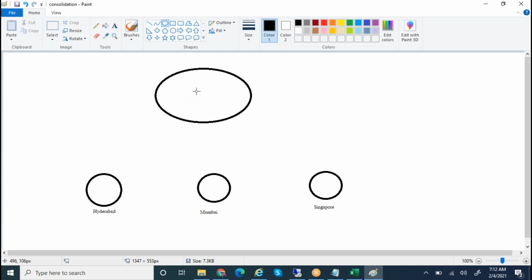Then I can bring the balances from here to here, and from here to here, so that I can get whatever reports I want.